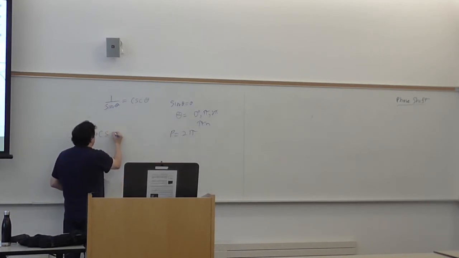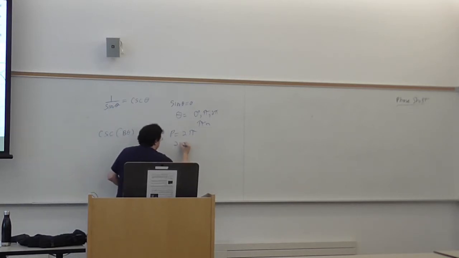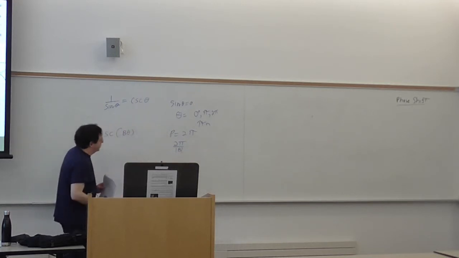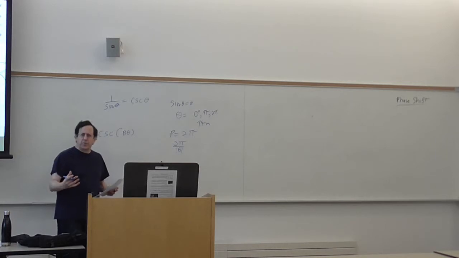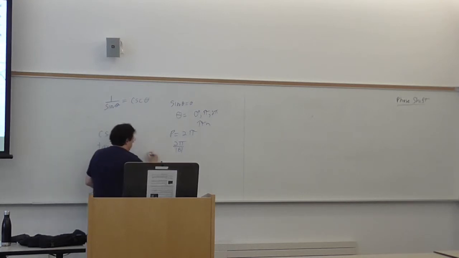But if you had cosecant of b times theta, it would just be 2 pi over b. I feel like I missed something when I was talking about the tangent. Tangent of b theta, what would the period be?